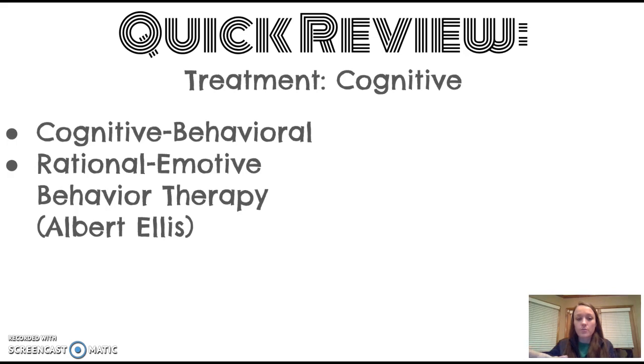And so it's kind of like a dual approach to adjust the thought patterns as well as working out the destructive behaviors also. Rational emotive behavior therapy is something that was created by Albert Ellis, and this is a confrontational approach to the thought patterns that are defeating and destructive. And basically, this is kind of like completely opposite of the humanistic approach.